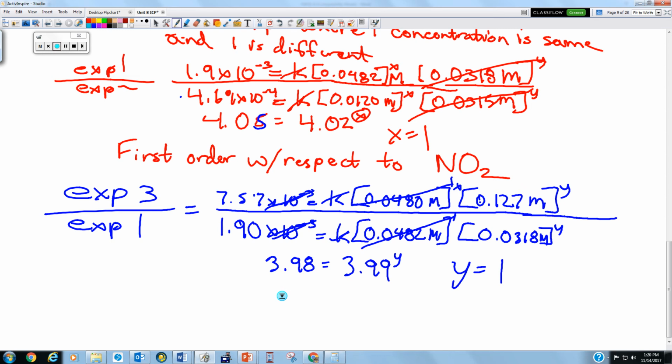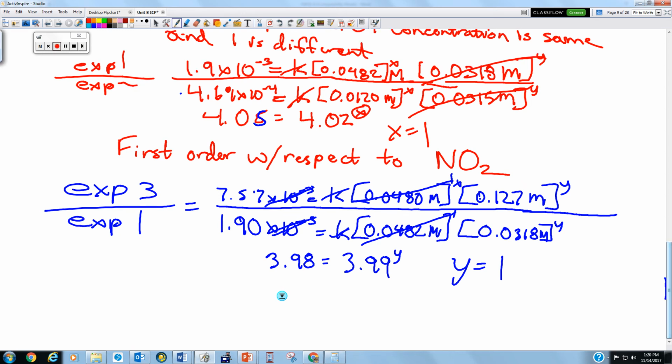So this is first order with respect to F2.